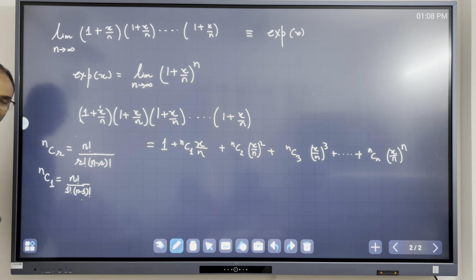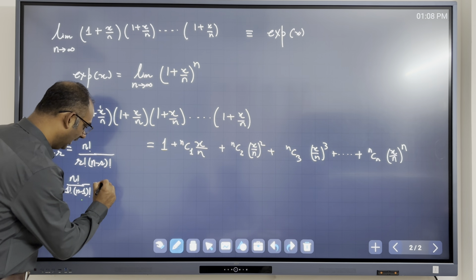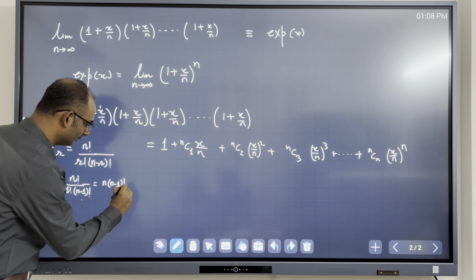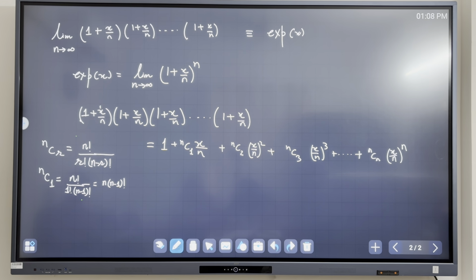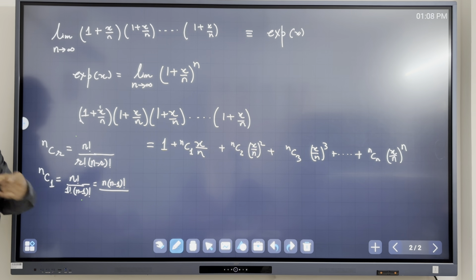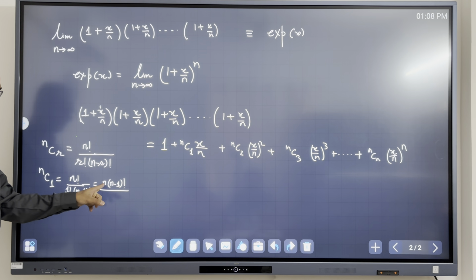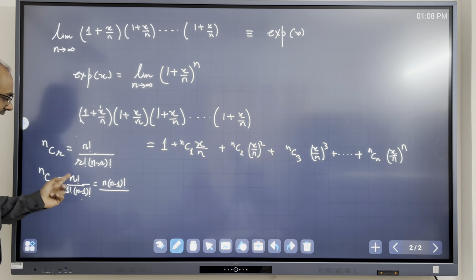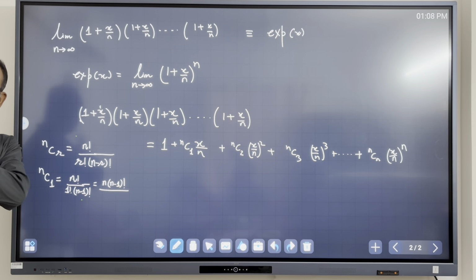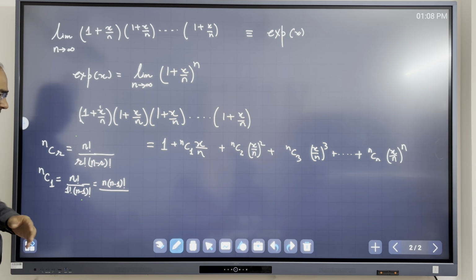This is what n factorial can be written as: n times n minus 1 factorial. Is that okay? You understand this? Because n factorial is 1 into 2 into 3 into 4 and so on up to n minus 1 into n.